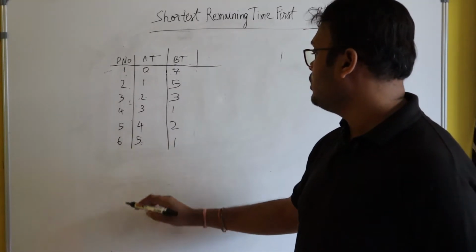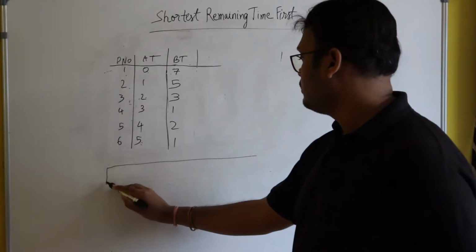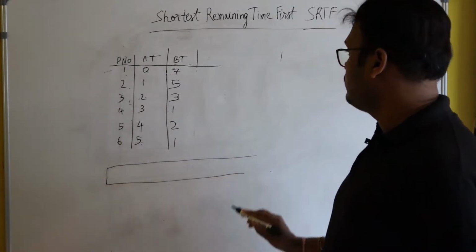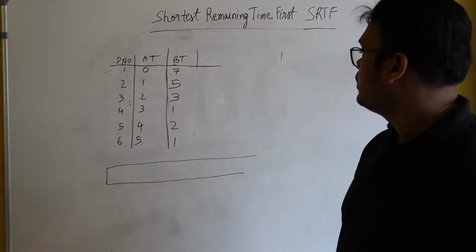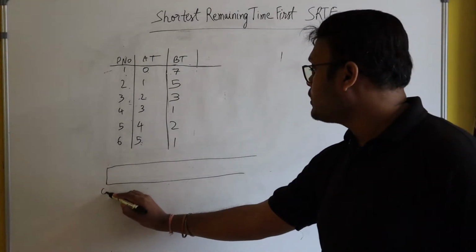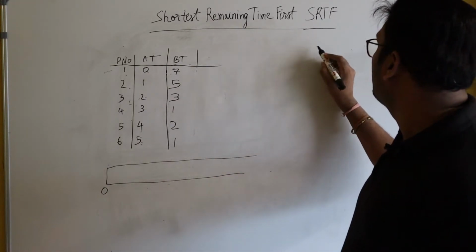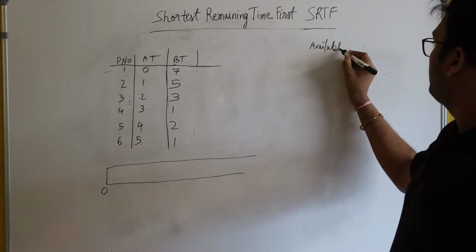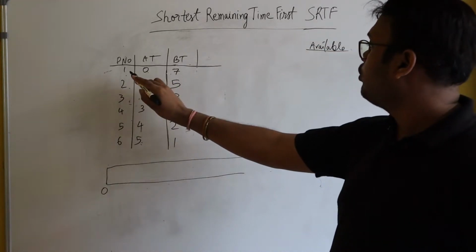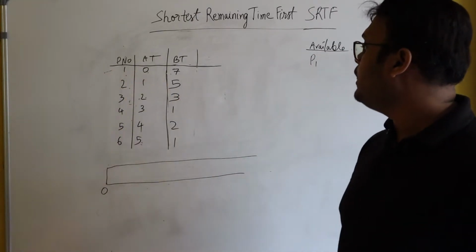Let's draw a Gantt chart. Now you see, at t equal to 0 seconds, how many processes are available? Only one process, P1, because only P1 came at t equal to 0.